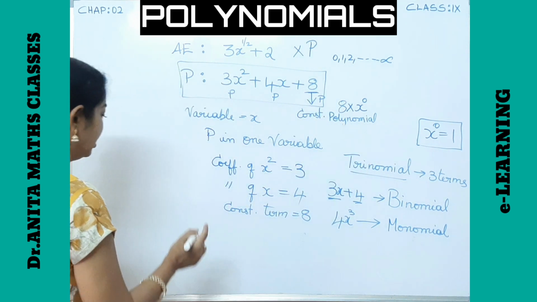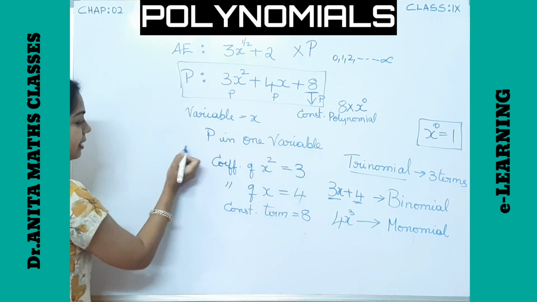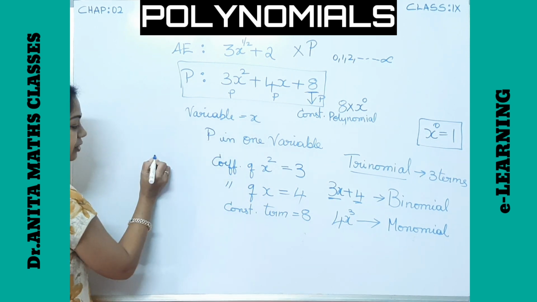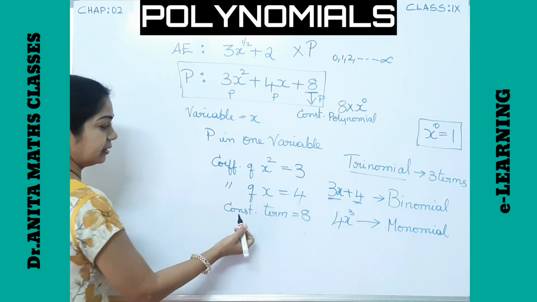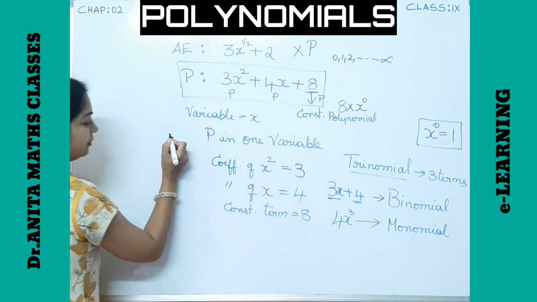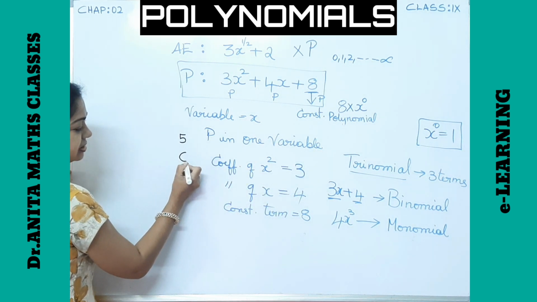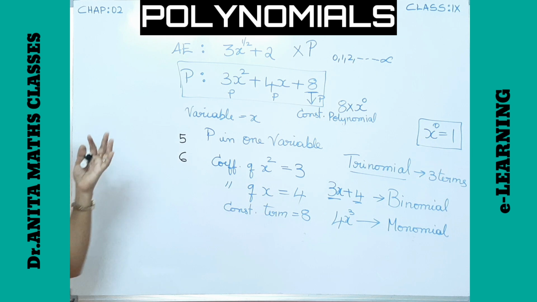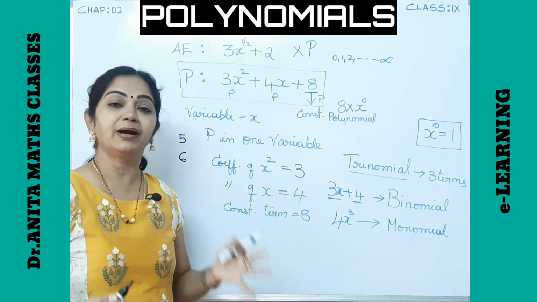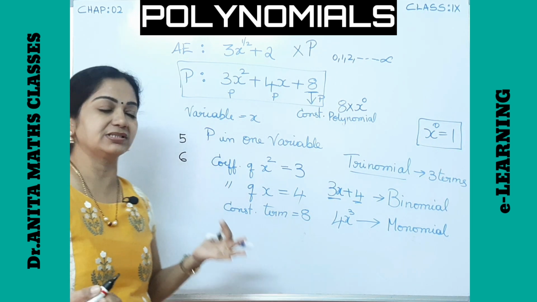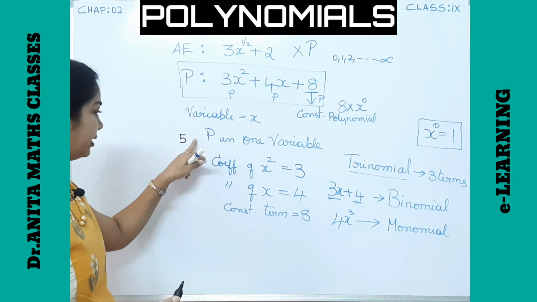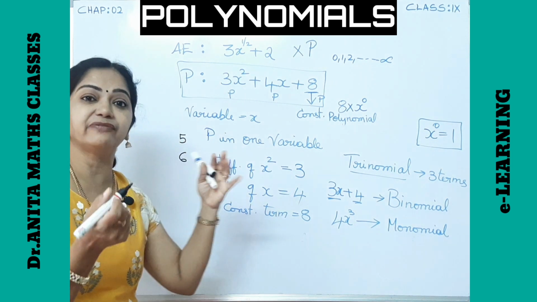If anyone asks you for an example of a constant polynomial, you can tell them. If you take 5 or 6, these are all constant polynomials. They are polynomials only, but they are called constant polynomials. Just a constant into the x variable. It is satisfying the definition of polynomial.